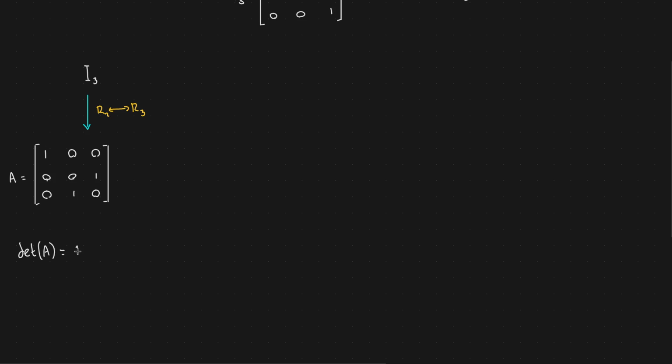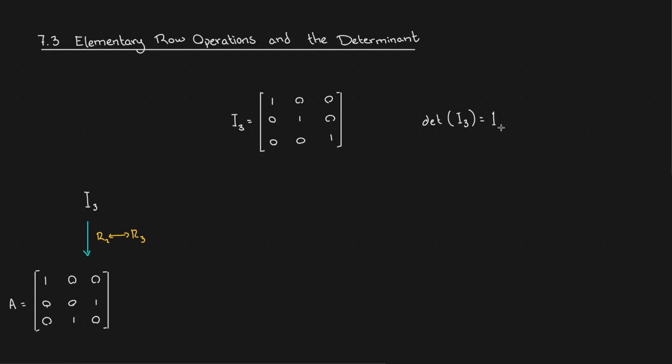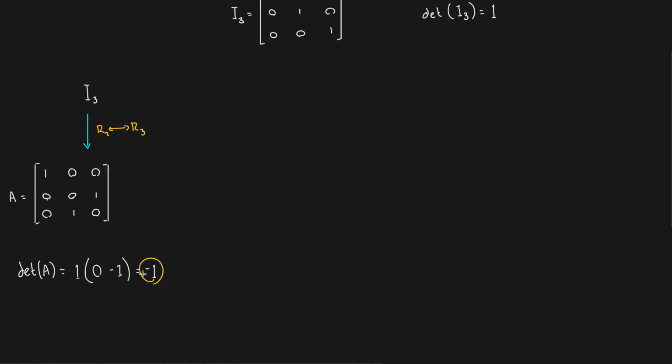So I'd get 1 times 0 minus 1. That's going to be a negative 1. Okay, so it looks like swapping the two rows just changed my determinant from 1 to negative 1. It swapped the sign, right?